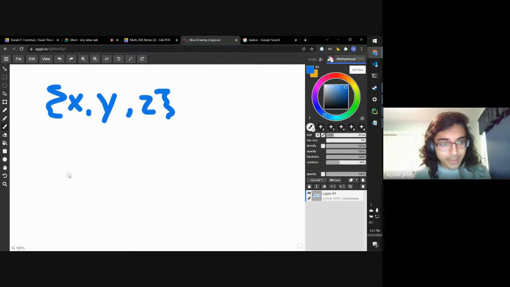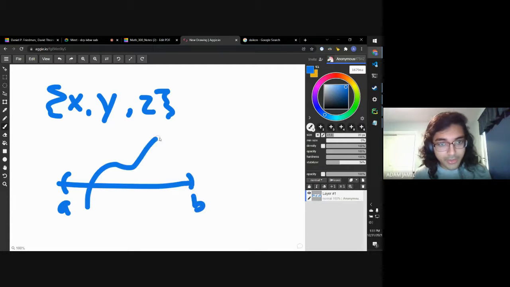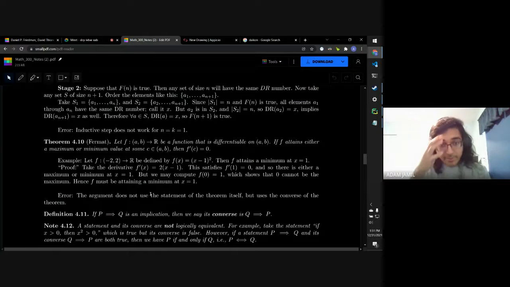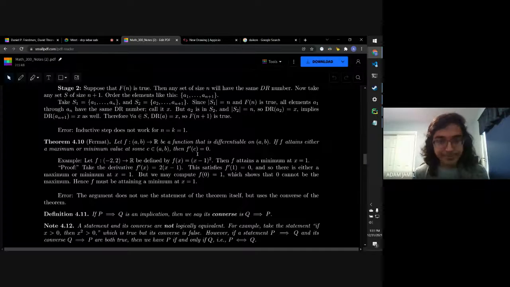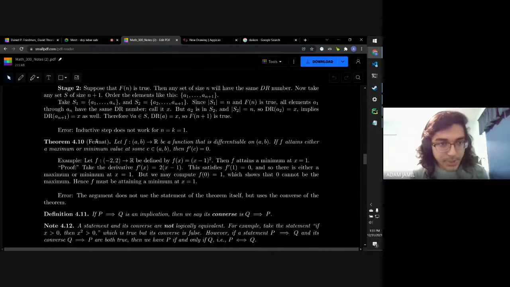If we have some (a, b), and f is doing something, and we have a maximum or minimum inside this open interval, it must be the case that the derivative is 0 here. This is proven by Fermat.